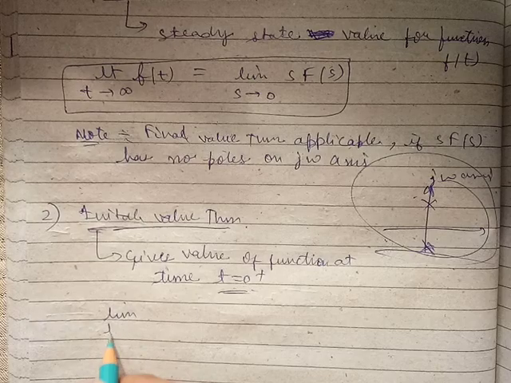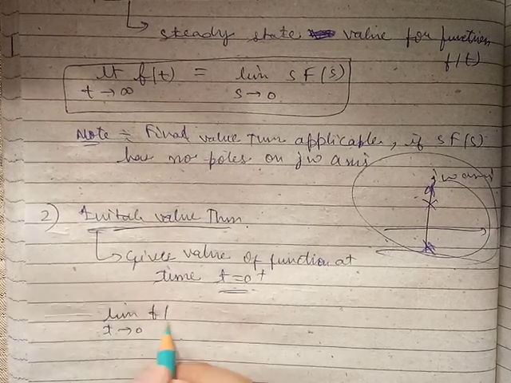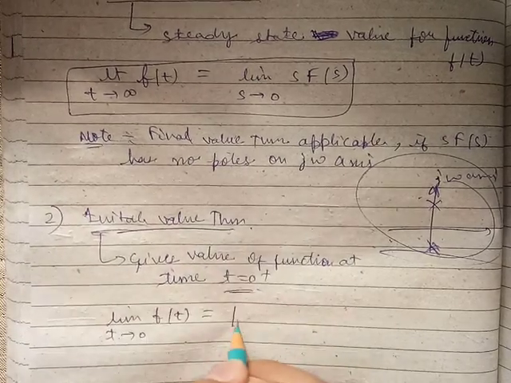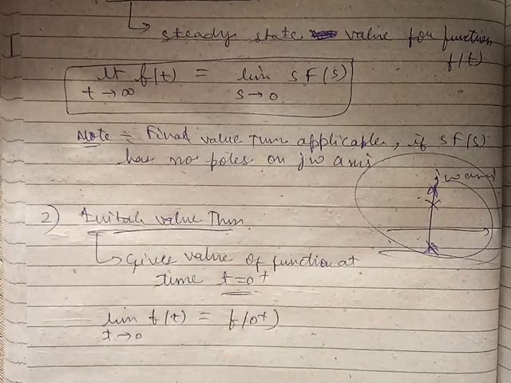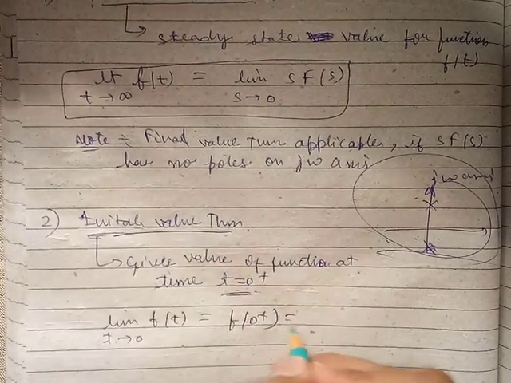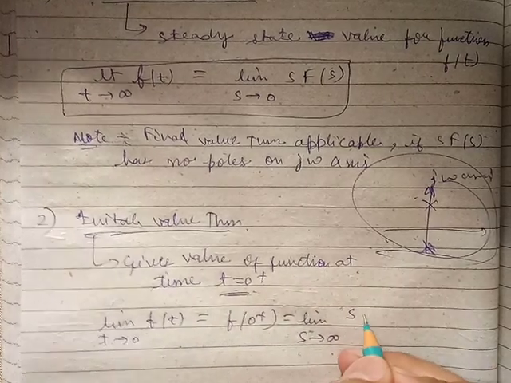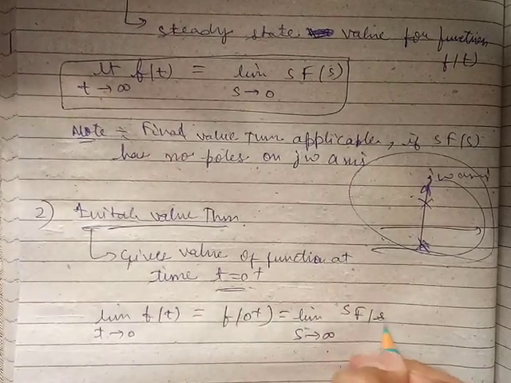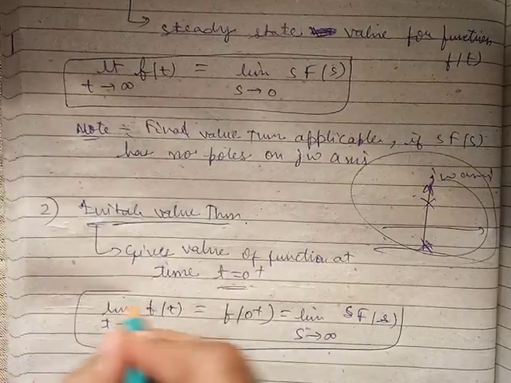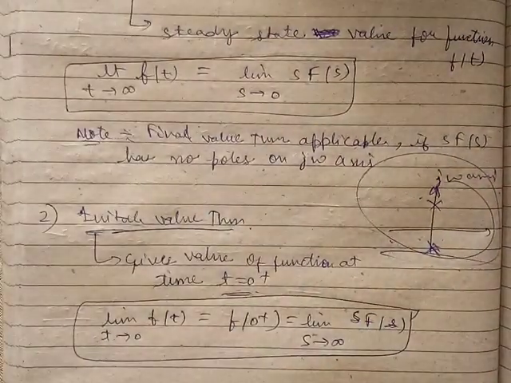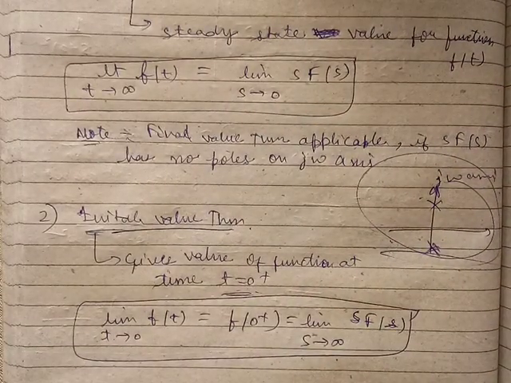Limit t tending to 0 of f of t applies only on f of 0 plus. Just remember this. We have limit s tending to infinity of s times F of s. This is the initial value theorem, right?